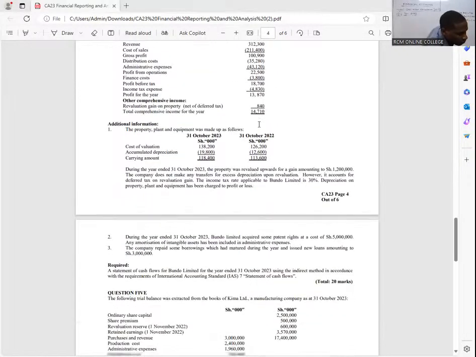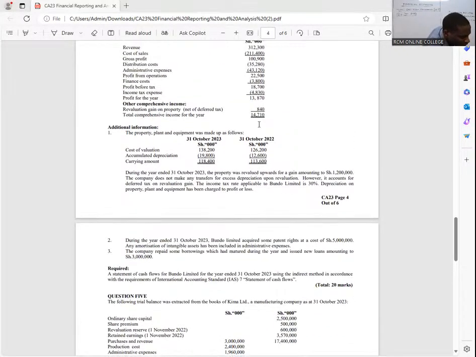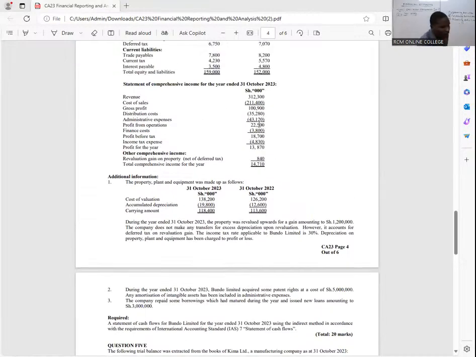The second page is here. It doesn't even have much additional information. Pick that one and then we start working.